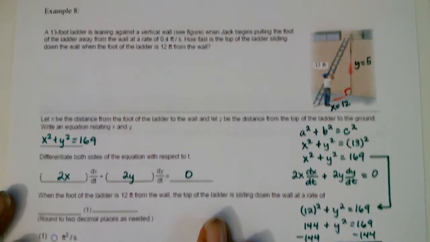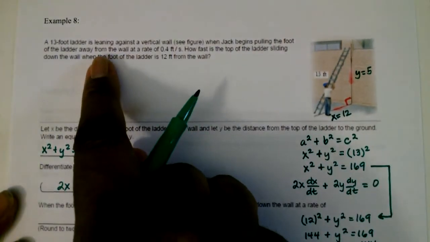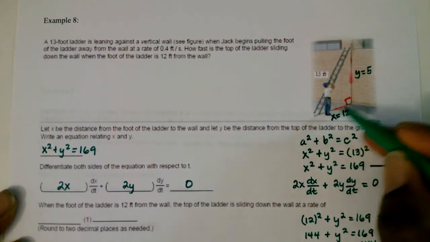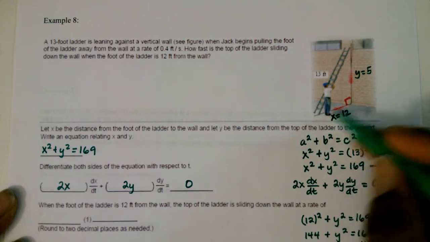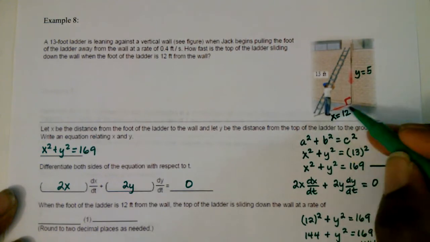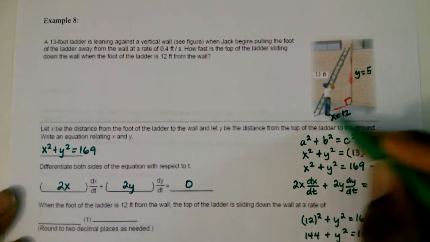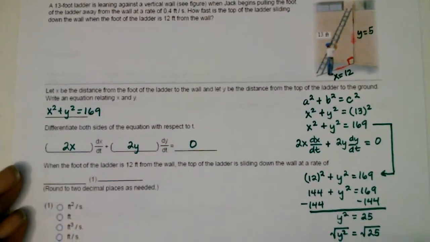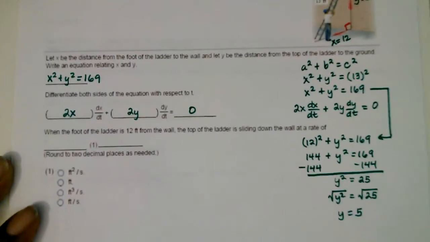Because now I know that Jack begins to pull the foot of the ladder away from the wall at the rate of 4 feet per second. So if this is pulling at a rate of 4 feet per second, that's going to be dx/dt, because here's x right here, which is 12. So dx/dt will have to be 0.4 feet per second.